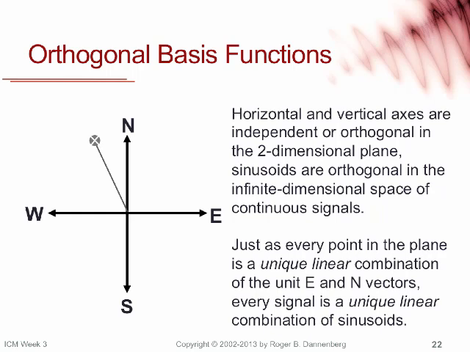So there's a unique linear combination of these sinusoids, which are called basis vectors. Because of that, you can take the Fourier transform of a signal and get a unique result, and that unique result can also be inverse transformed back into a sound, and you'll get exactly the same sound back.